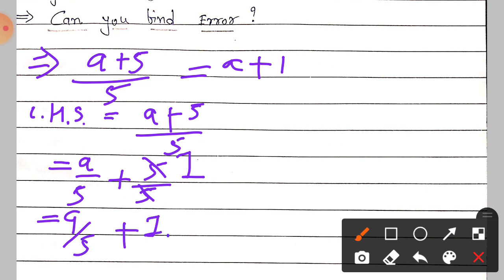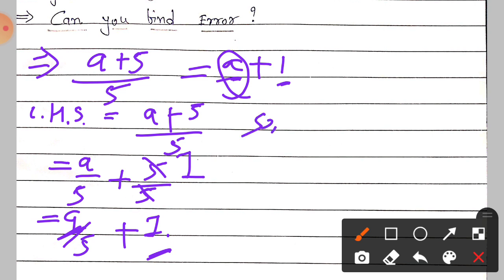This is the answer. Let's compare with the question and see if there is any error. There is a division by 5 that is missing here, so there is some error in the answer. Let's recorrect it.